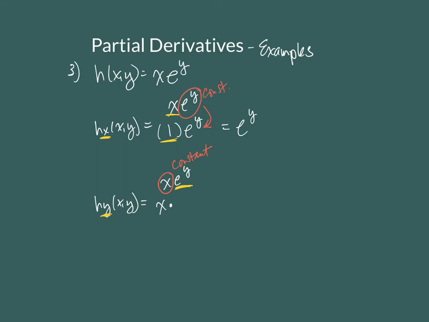The exponential rule is that the derivative of the exponential is the exponential function times the derivative of its exponent. The derivative of its exponent, the derivative of y, is just 1. So this part is the derivative of e to the y with respect to y. So this is then x e to the y. The derivative of x e to the y with respect to y is itself.